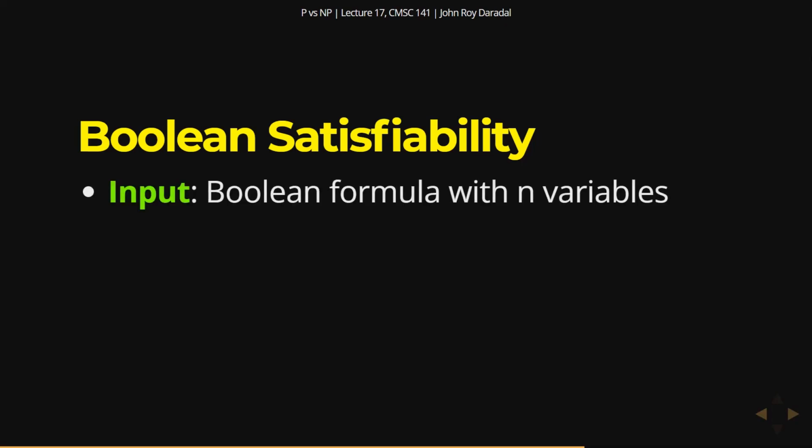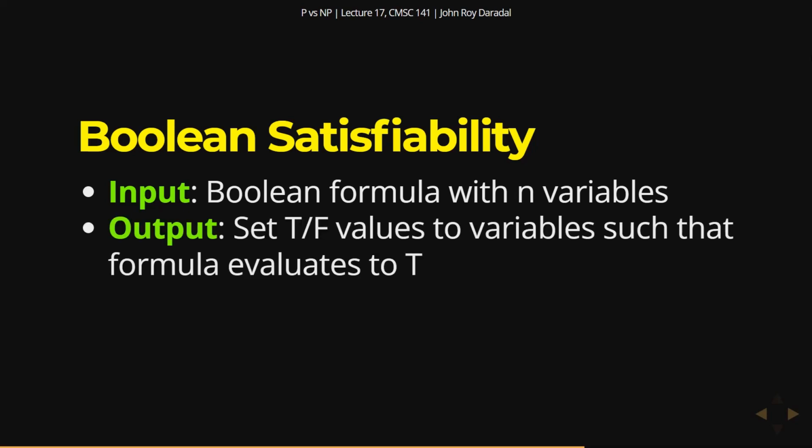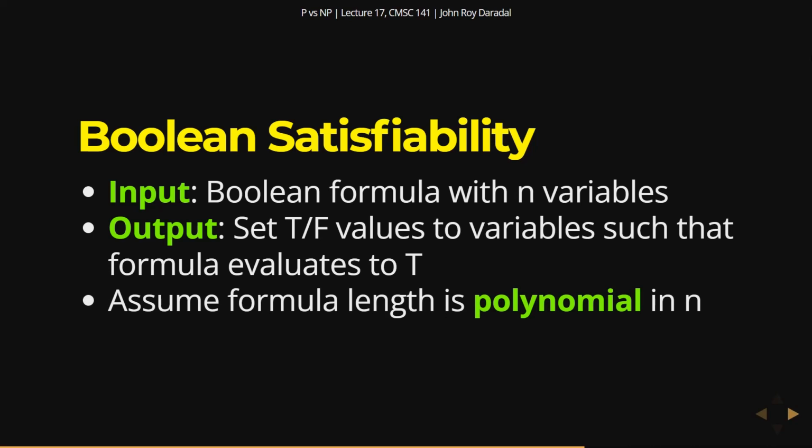Okay, so what is the satisfiability problem, also known as the Boolean satisfiability? You're given as input a Boolean formula with n variables, and your output would be to set true or false values to the variables such that the formula evaluates to true. Assume that the formula length is polynomial in n.